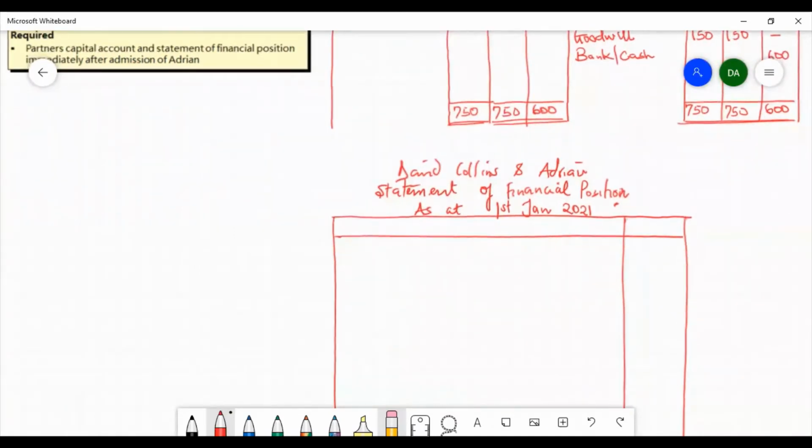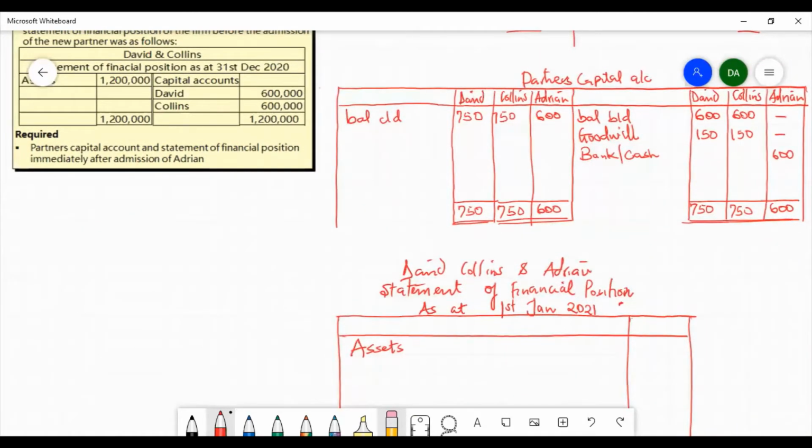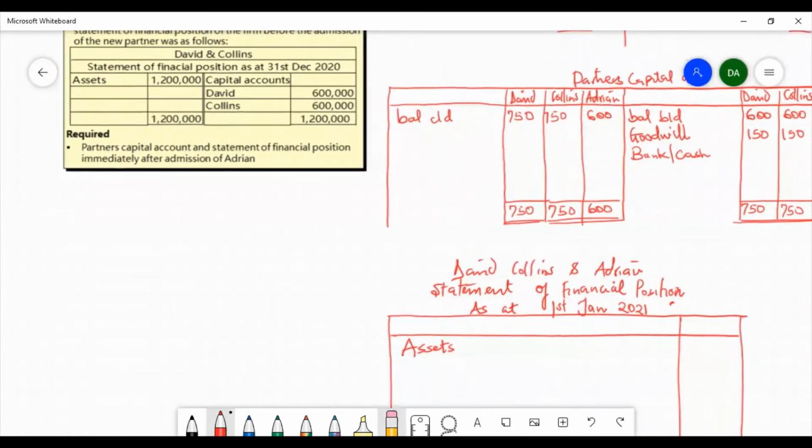We start with the assets. The assets that were there in the business before admission of Adrian, as you can see, is a total of 1.2 million.